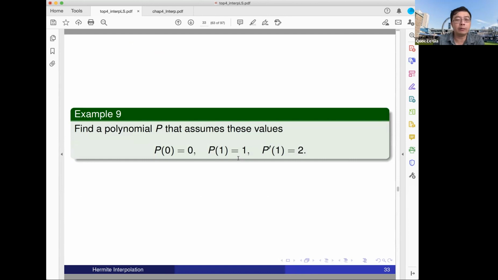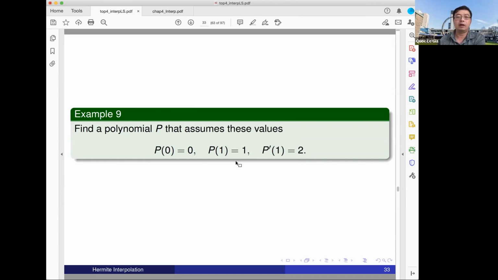Okay, now suppose we do a simple example. Suppose you find a polynomial that has those three values: P(0) equals 0, P(1) equals 1, and the derivative P prime(1) is equal to 2. First, what is the degree of this polynomial? Anyone?